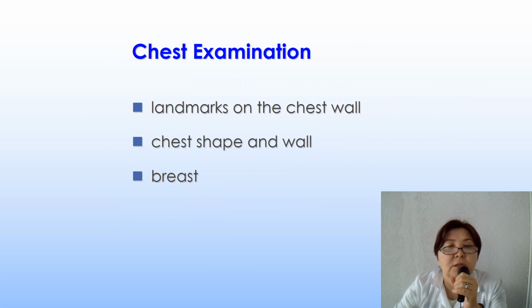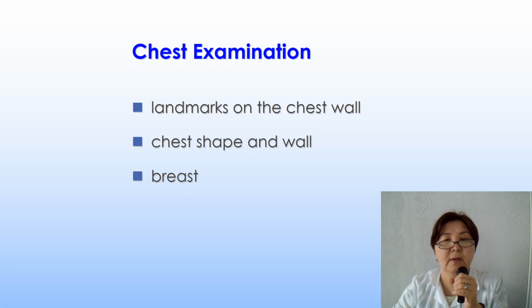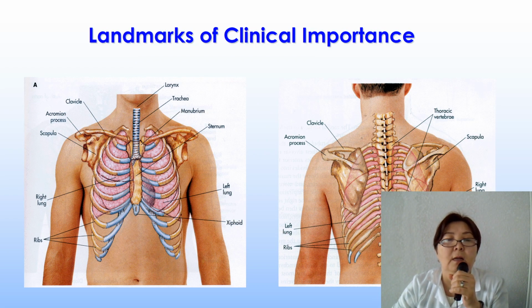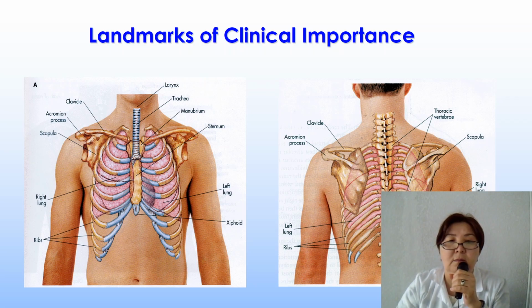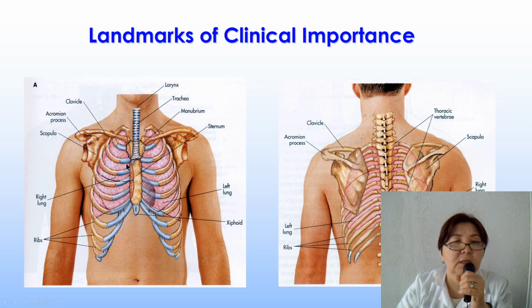Chest examination includes landmarks on the chest wall, chest shape, and wall, and breast. Landmarks of clinical importance. These are bones on the anterior side: clavicle, acromion, ribs, and sternum.